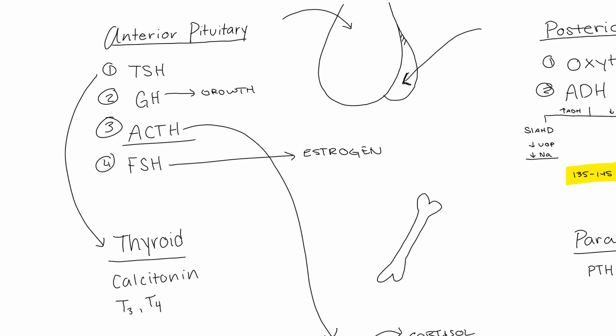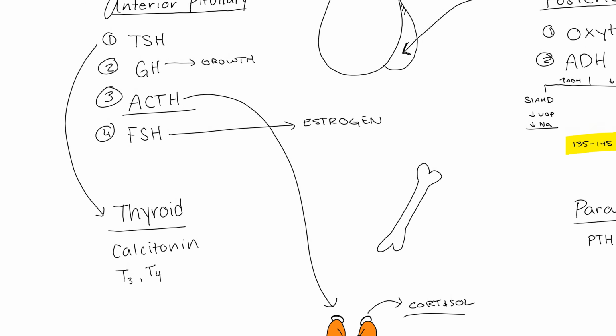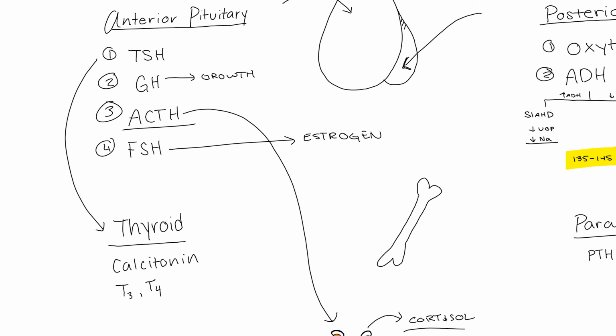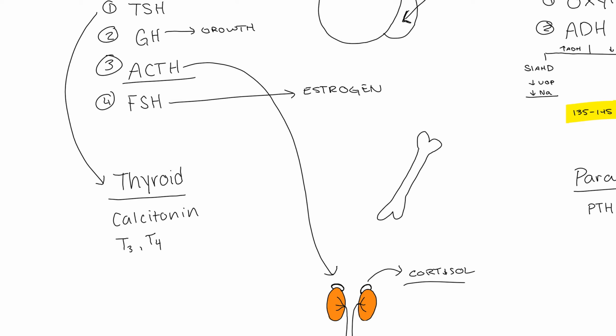So moving on, we are going to talk about the thyroid. Like we said before, the thyroid stimulating hormone in the anterior pituitary stimulates the thyroid, which actually will stimulate these two hormones, T3 and T4.